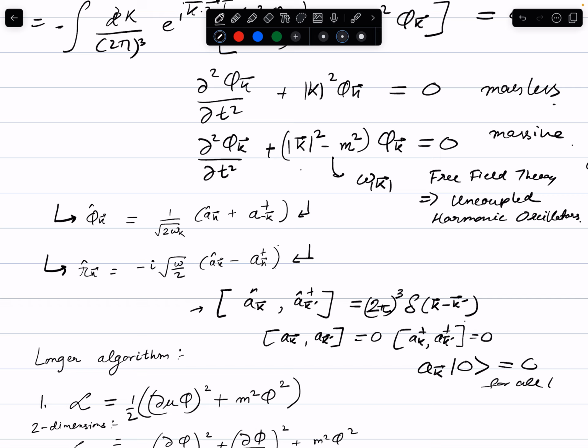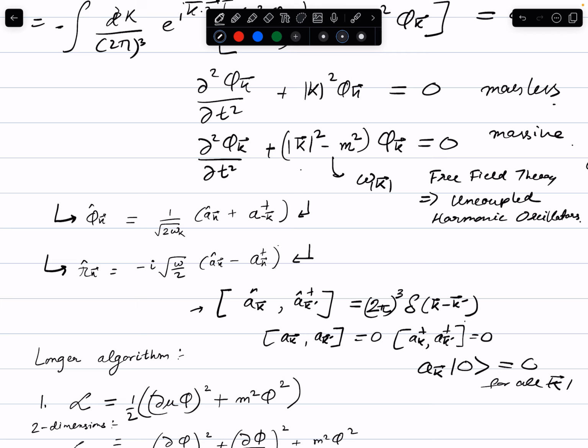This is the lowest energy state. It is the one that is sent to 0 by the annihilation operator, the ladder operator of all the harmonic oscillators. So that's the lowest energy state for all k.